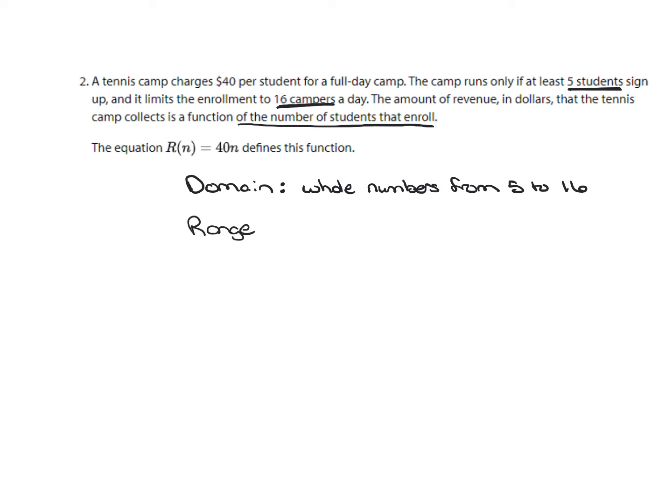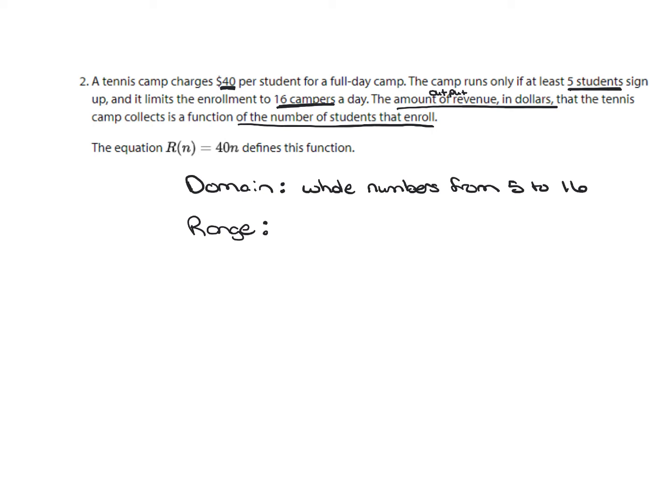Now my actual range, the range meaning the dollar amount, because the amount of revenue is my range, my outputs. Those values are 40 per student.